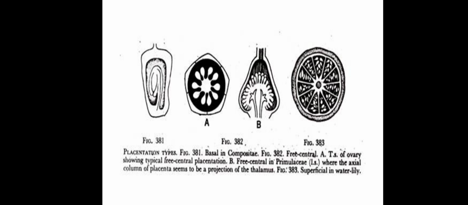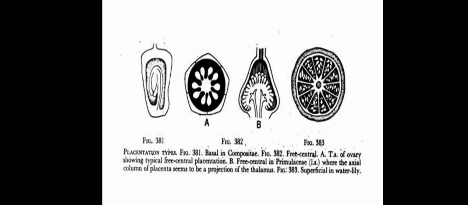Now the last are these different placentations. The first one, figure 381, is of the basal placentation found in Compositae. Figure number 382 shows the free central. It shows two views. One shows the TS, where we can see that the axis is not at all connected with the ovary wall.